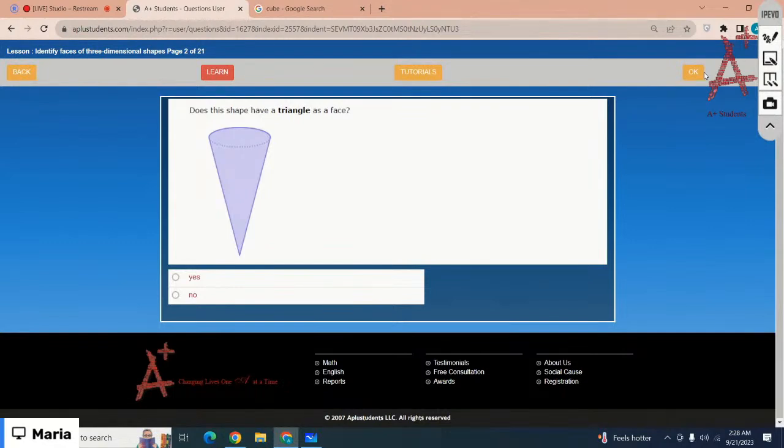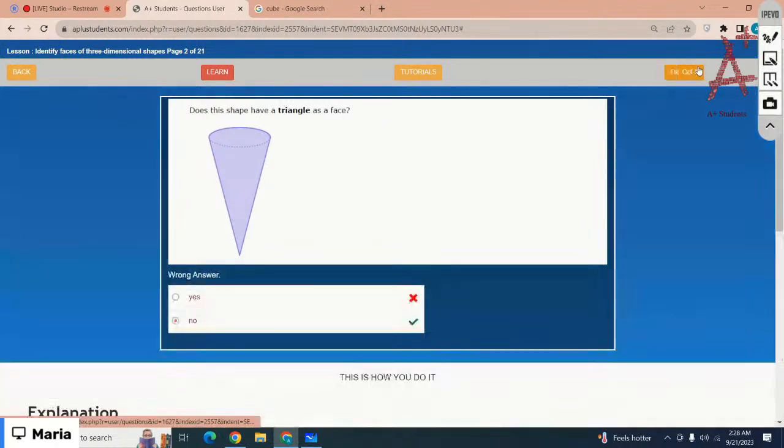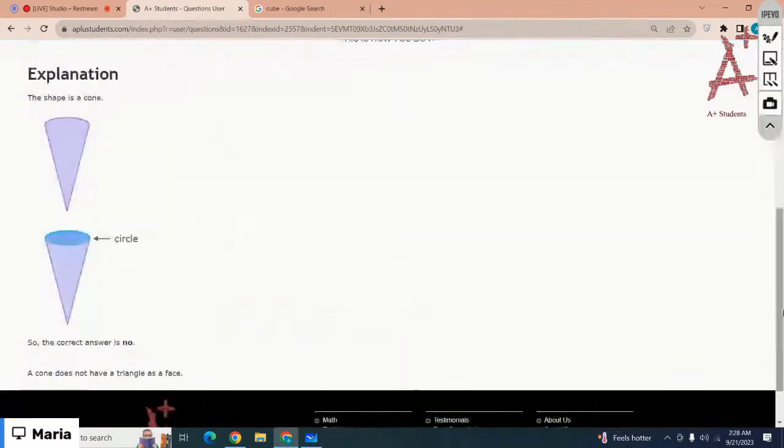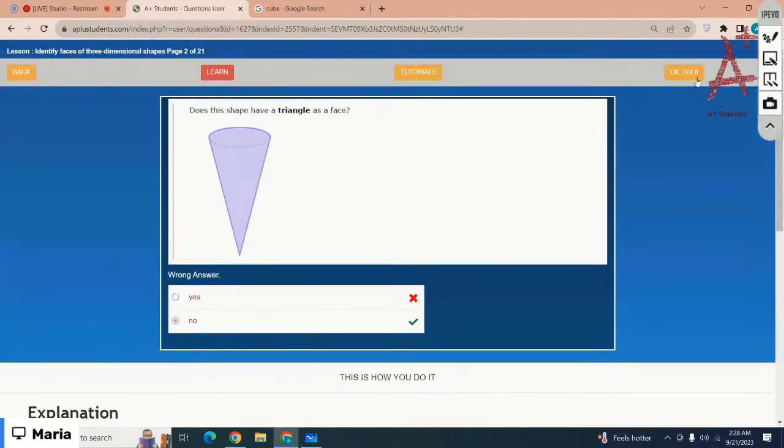The correct option is yes, that is a cone, and the front face looks like a triangle. So yes, it has a triangle as a face. But what about the circle? And what about this one then? But why no?